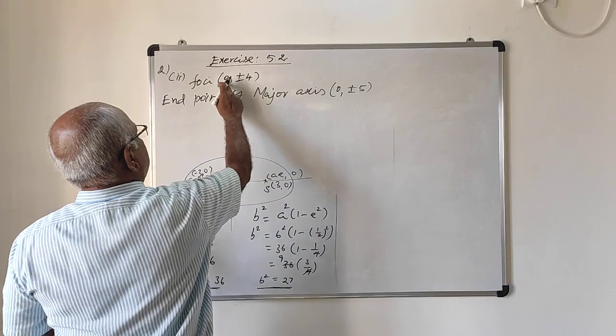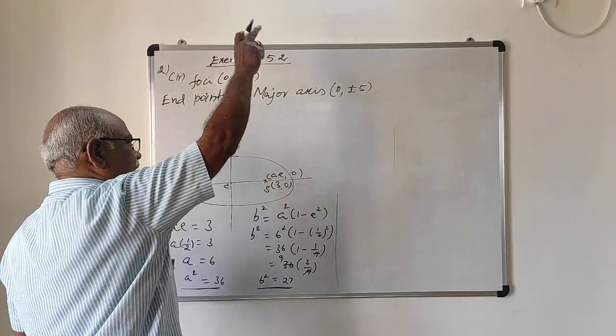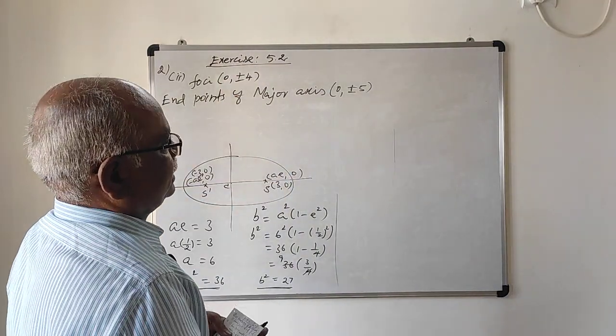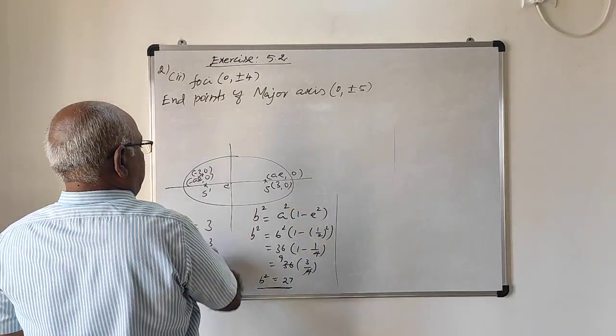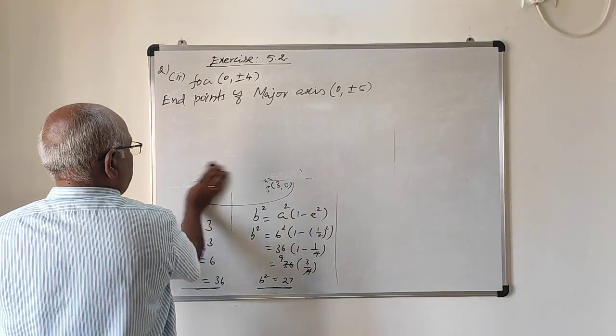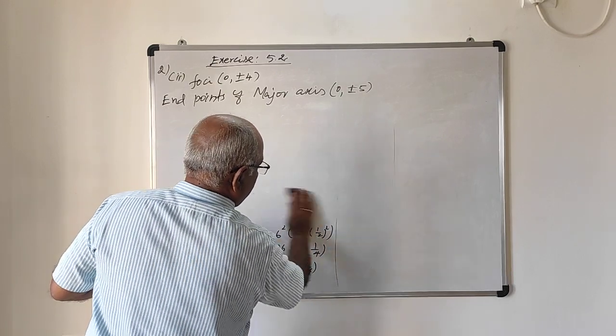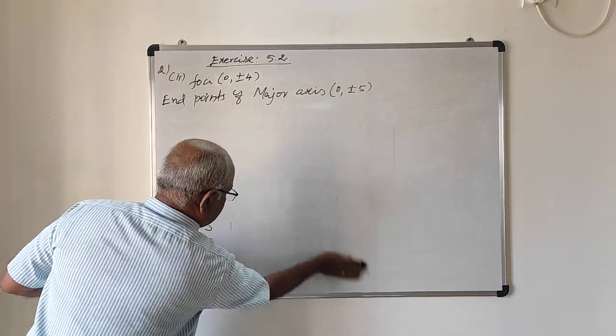So here the x exponent is 0. Therefore, the ellipse is along the y-axis. Major axis along the y-axis, a vertical ellipse.